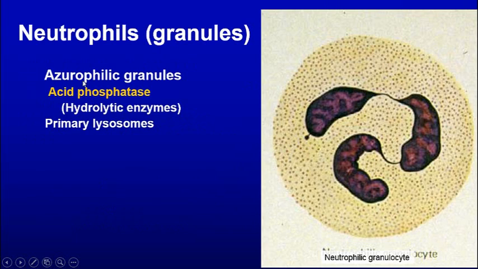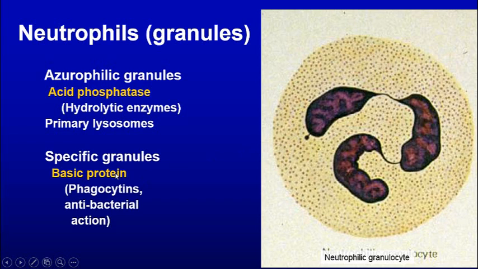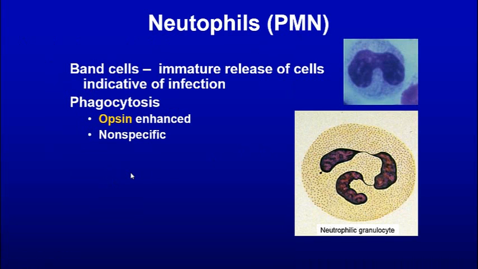And then we have eosinophilic granules in there, acid phosphatase, hydrolytic enzymes, primary lysosomes, and then there's also basic protein, which is responsible for killing the bacteria. Neutrophil band cell, as we can see there, if you have an infection, you will cause these precursor cells to be released in higher numbers.